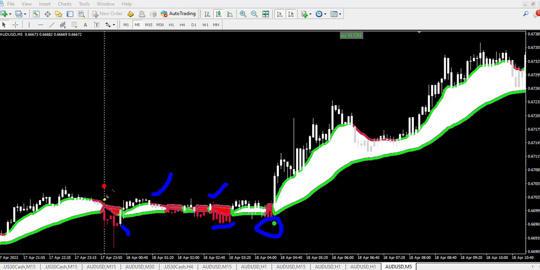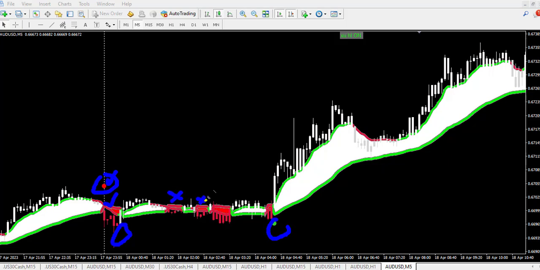At this particular point, we have a sell, and the PTL indicator confirms this particular trend. So this buy will not be taken because we do not have another PTL, only this one. So the direction of the trend still remains down until this particular point.